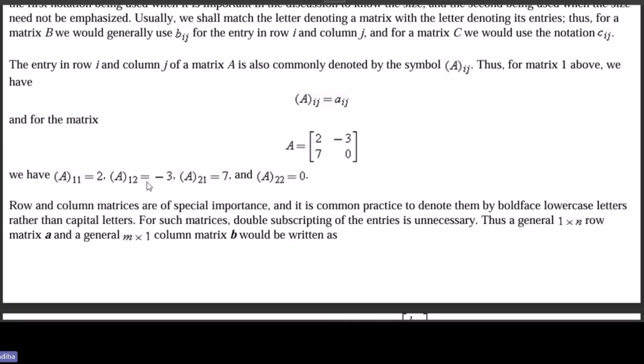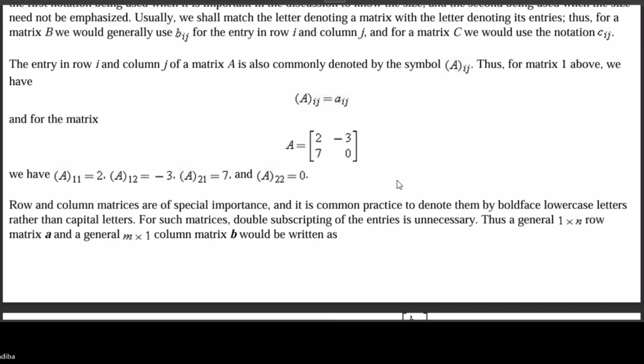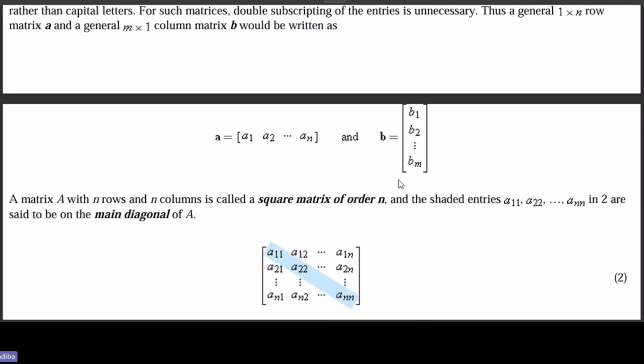This one is referring to an entry in the first row, column 2, this minus 3. This one is referring to an entry in the second row, column 1, which is this 7. A sub 2,2 is referring to an entry in the second row, column 2, which is 0. Okay.